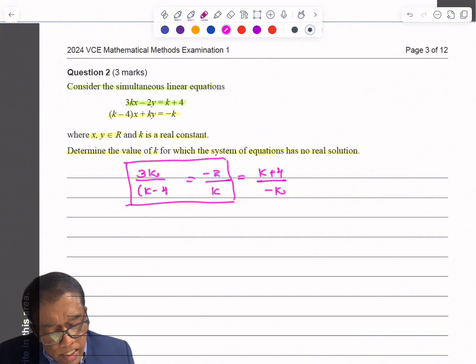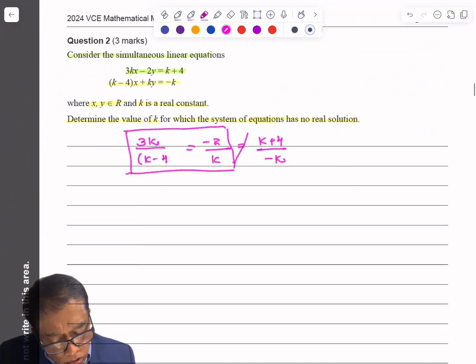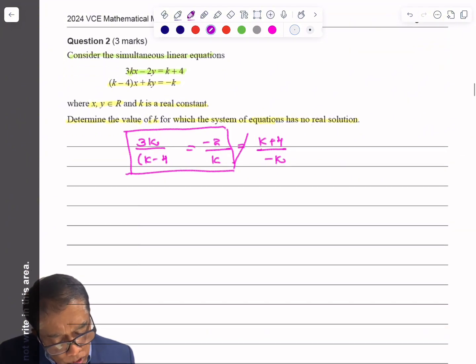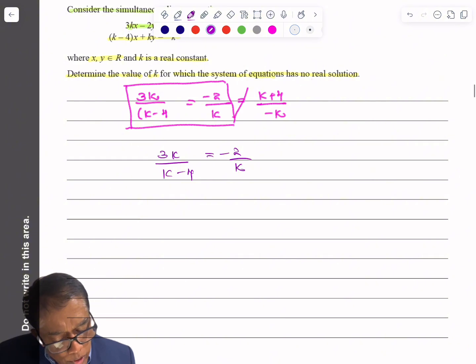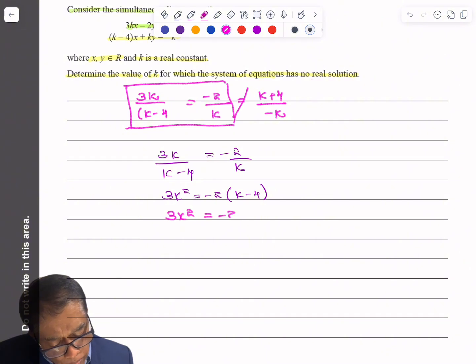Then we have to consider 3k over (k minus 4) is equal to negative 2 over k. Cross multiply: 3k^2 is equal to negative 2 times (k minus 4). 3k^2 is equal to negative 2k plus 8. 3k^2 plus 2k minus 8 is equal to 0.